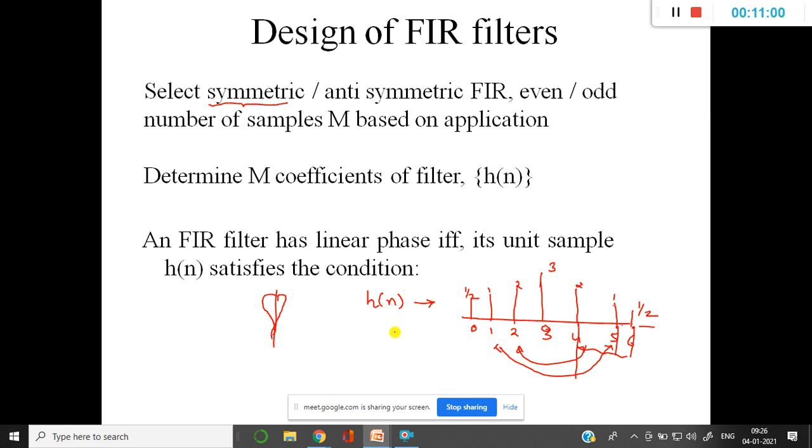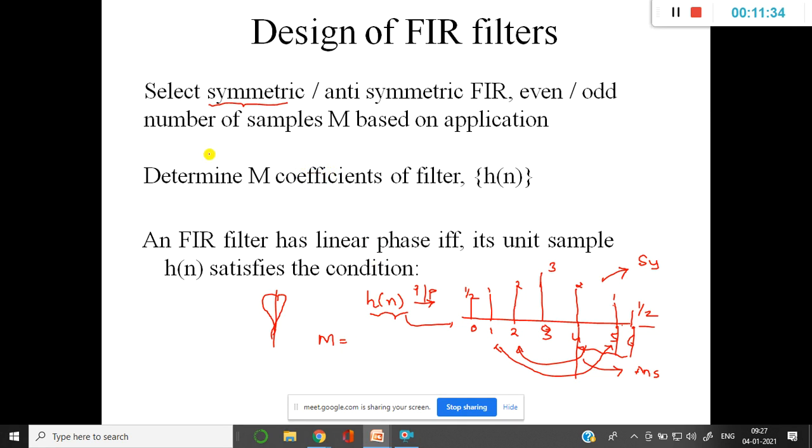So when we look into the symmetric case, how can I derive the frequency response of this signal? I have an input impulse response like this. If my impulse response is in this format, I call it the symmetric condition. If it is in this format, I call it antisymmetric. It also depends upon whether the number of samples is even or odd.